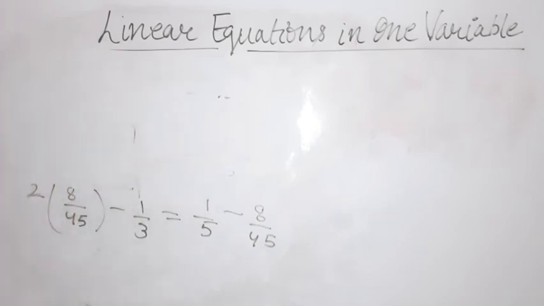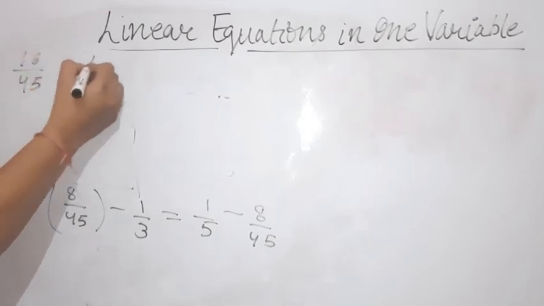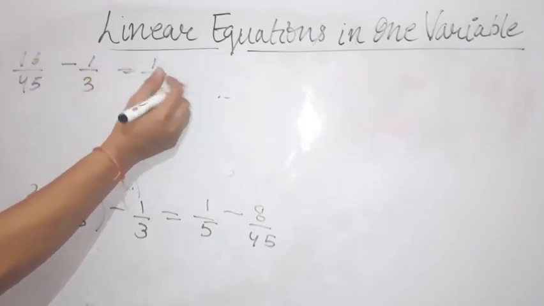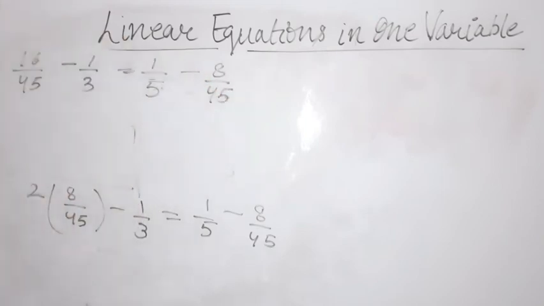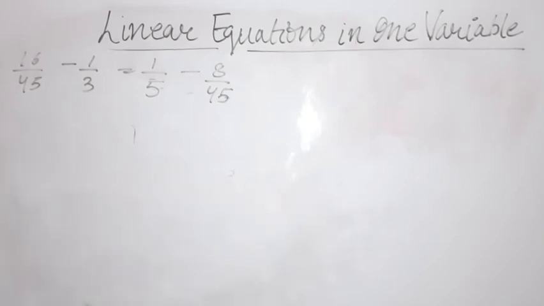Okay. So 2 is in multiplication with 8 upon 45, so it will be 16 upon 45 minus 1 upon 3 is equal to 1 upon 5 minus 8 upon 45. Now what is the LCM of 5 and 45? Since 45 comes in the table of 5, the LCM of 5 and 45 will be 45 only.